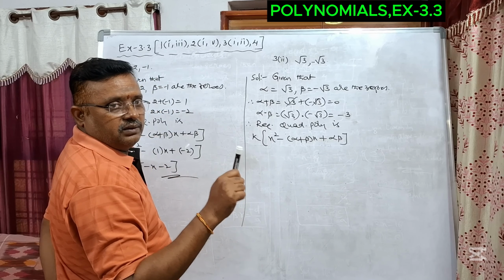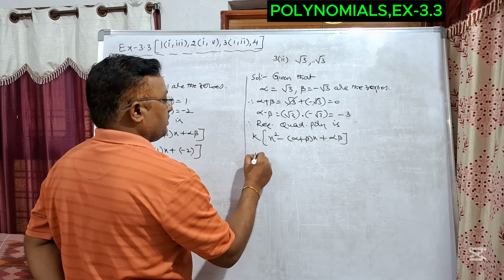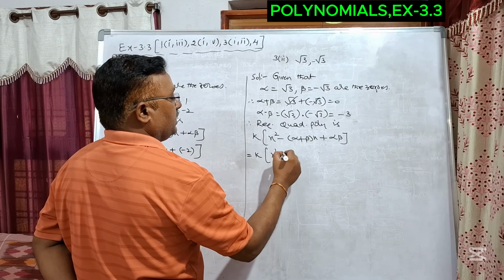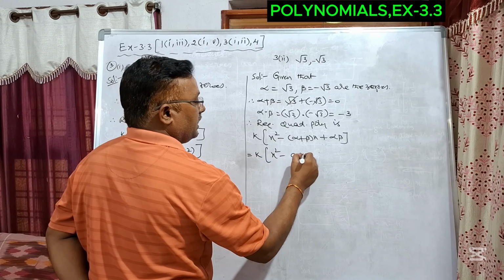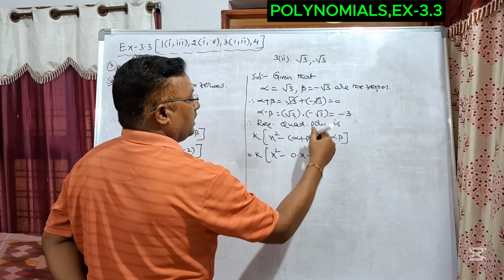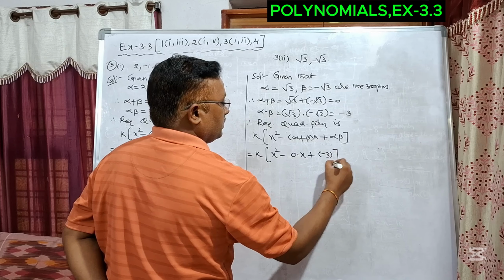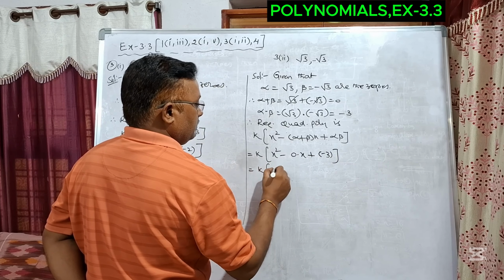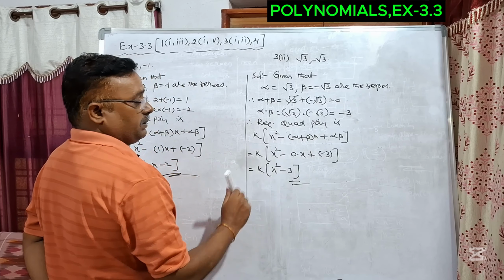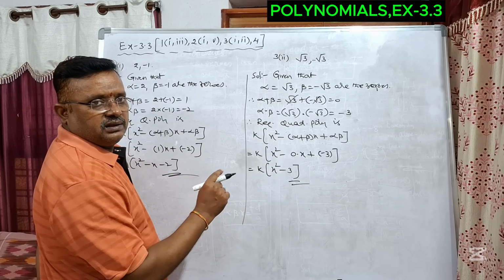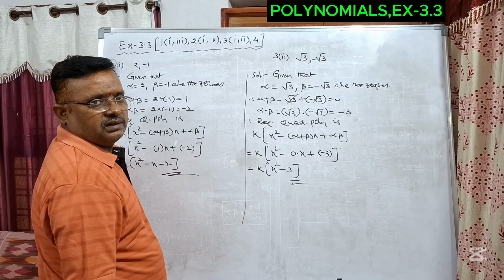Keep it in mind. Right. This equals k into x square minus the alpha plus beta value 0 into x plus the alpha beta value minus 3. This is equal to k into x square minus 3. This is the required quadratic polynomial. That much simple, these problems are.